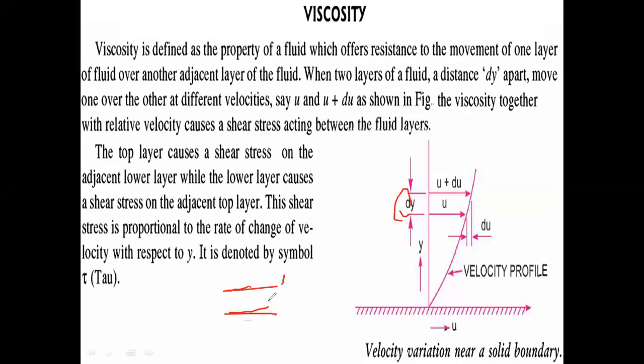When do we call the fluid a real fluid and when do we call it an ideal fluid? If you remember, you can answer. When we consider viscosity as 0, it is an ideal fluid, and when... correct.